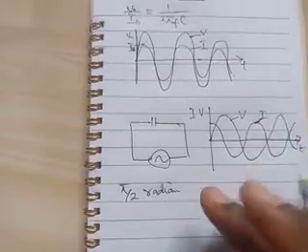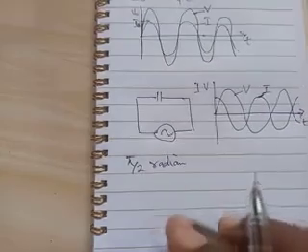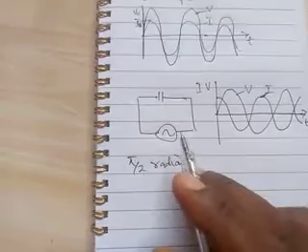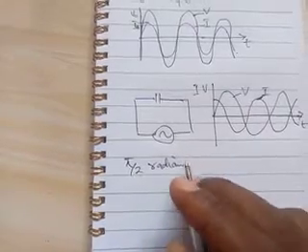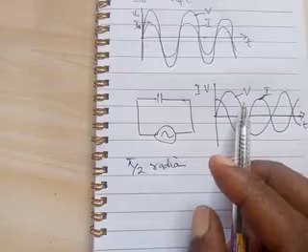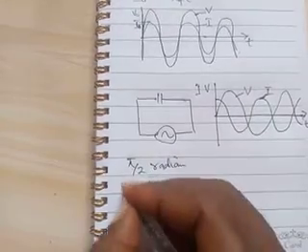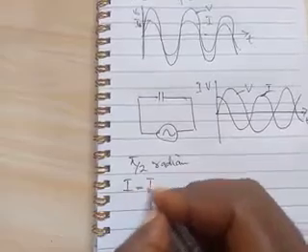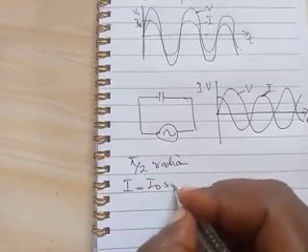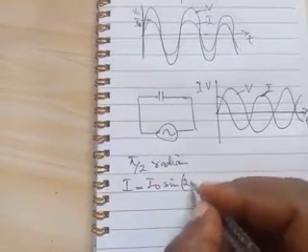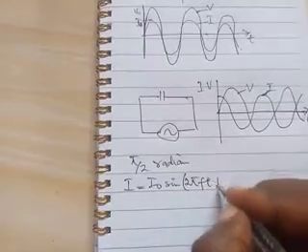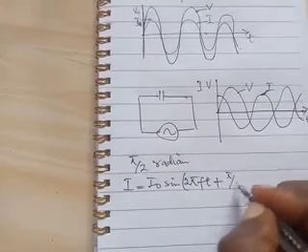So in this case, you notice that the current leads voltage by 90 degrees, or by pi over 2. So I is equal to I naught sine 2 pi ft plus pi over 2.